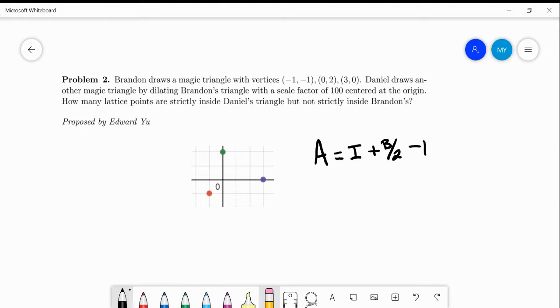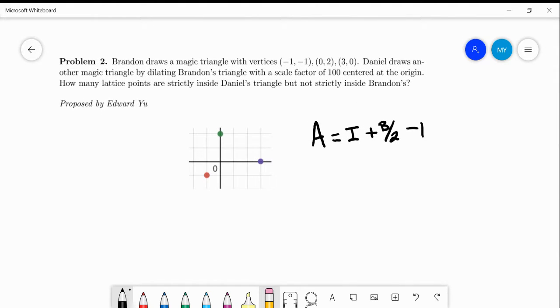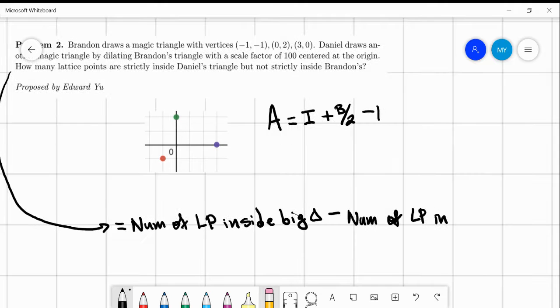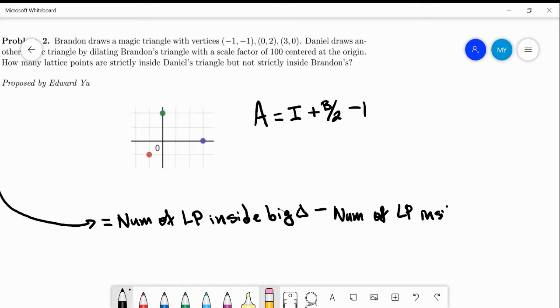So our final count is going to be equal to the number of lattice points inside, I'm just going to call it the big triangle, minus the number of lattice points inside the small triangle.